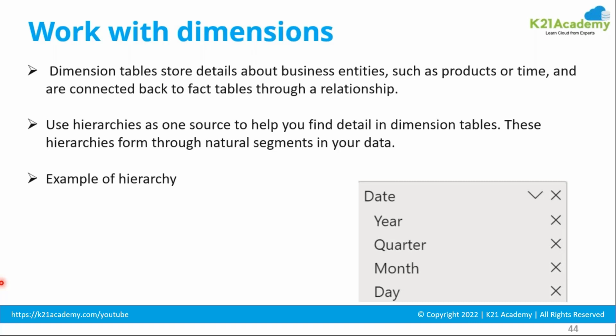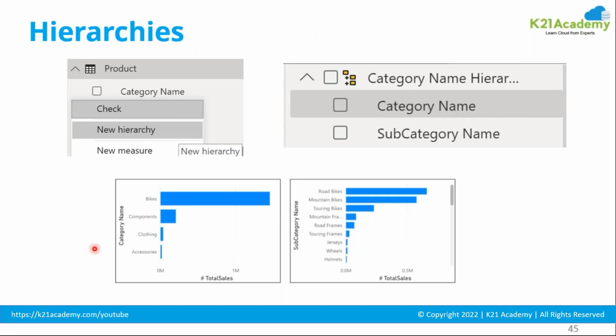I can use hierarchies to help you find detail in dimension tables as well. This is one of the examples of a hierarchy: year, quarter, month, day. So you want to drill down into multiple levels. For the drill down approaches, you will be able to utilize these options. Now here we are working with the dimension operations, right? Now, what are hierarchies? These are the hierarchies.